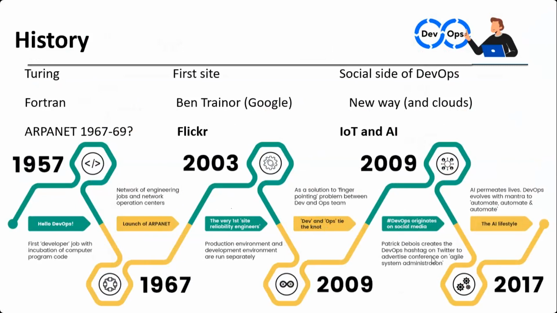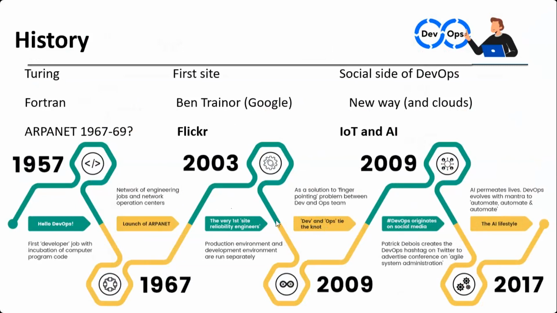So in 2019 and 2017, AI arrives where DevOps is involved with the mantra to automate, automate. And this is where the AI lifestyle has started.